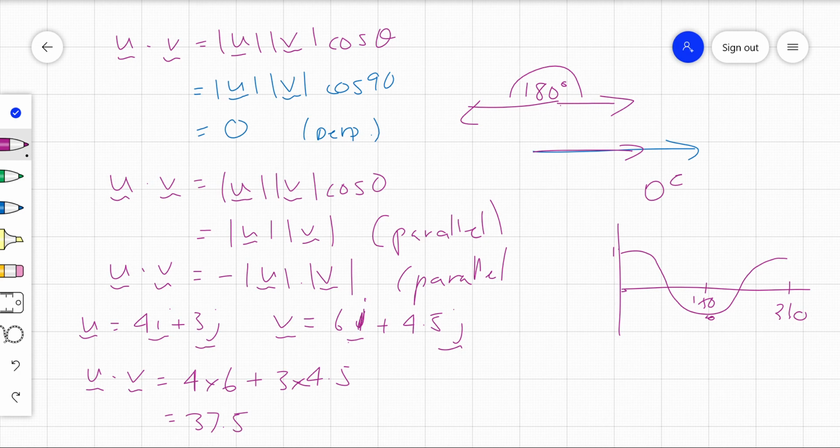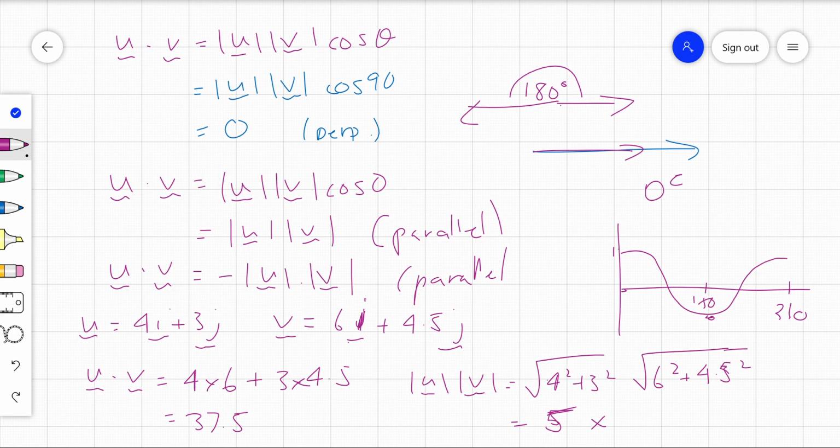Now, that's obviously not 0, so it can't be perpendicular. If they're parallel, then the dot product is going to equal plus or minus the magnitudes multiplied. So if I look at the magnitudes, the magnitude of u, remember, is the square root of 4 squared plus 3 squared, which we know is 5. And then the magnitude of v is the square root of 6 squared plus 4.5 squared.